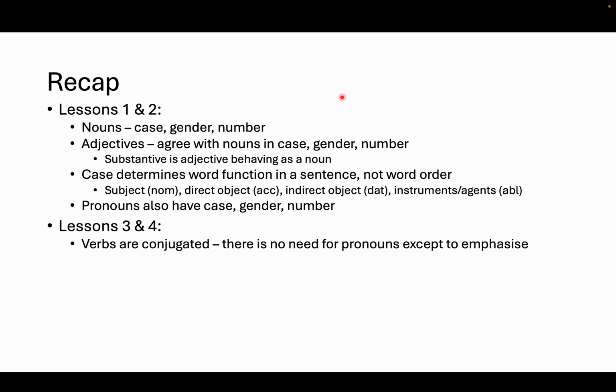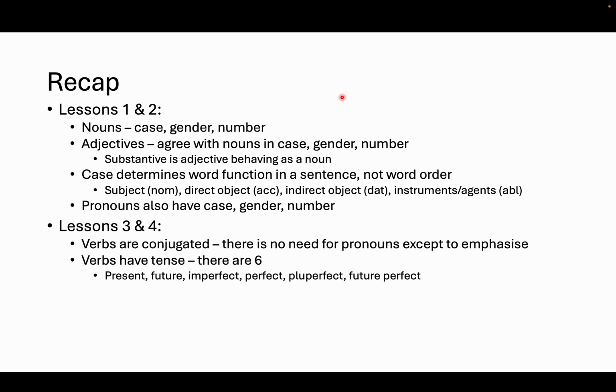And then in lessons 3 and 4 we did verbs. Verbs are conjugated, okay? The ending changes, so there's no need for the pronoun to tell you who's doing the action. You do need a noun if you're talking about a third person, like Paul hit the ball. You can say he hits the ball, that's fine. You don't need the pronoun. But if you want to specifically say that Paul hits the ball, you need to say Paul, right? Verbs also have tense, and there are 6 tenses.